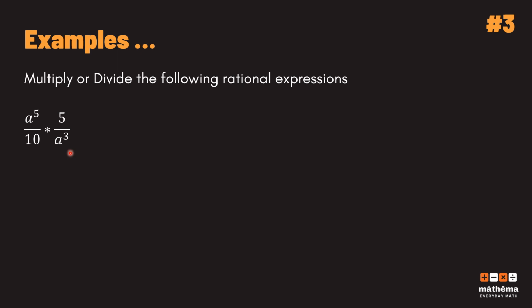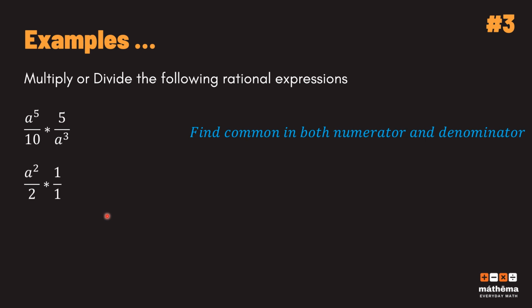Before even multiplying, we can cancel out common factors. We know that a to the fifth power can be rewritten as a squared times a cubed, sorry for the penmanship, I'm just using my mouse pad.